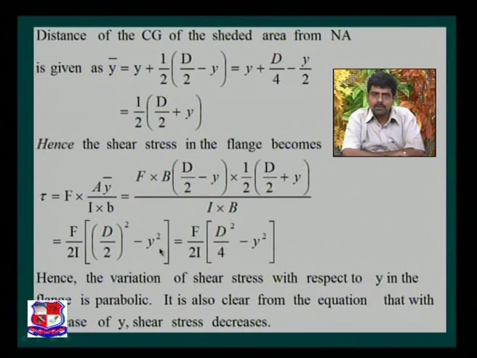Once again simplifying, we get F by 2I bracket d square by 4 minus y square.